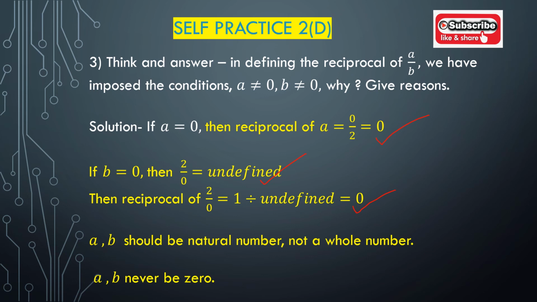So A and B never can be 0. A and B should be natural numbers, not whole numbers.